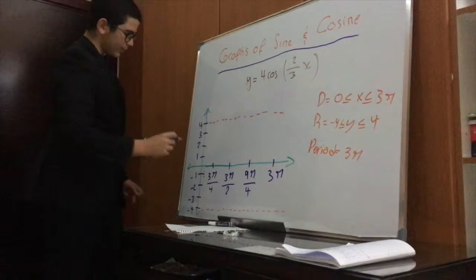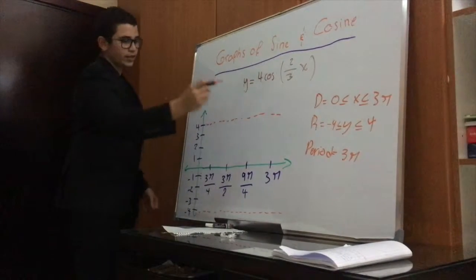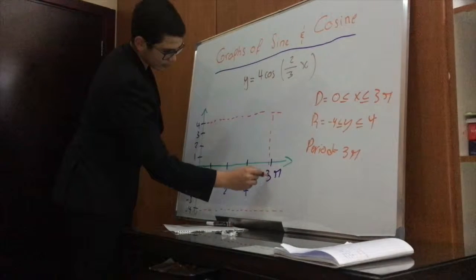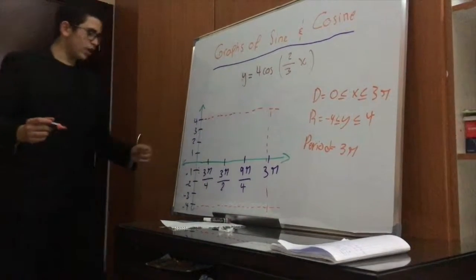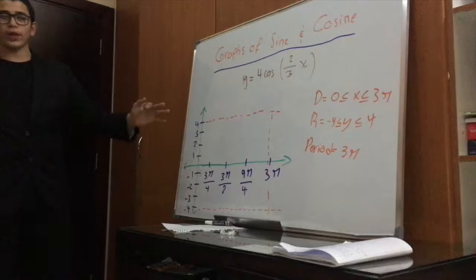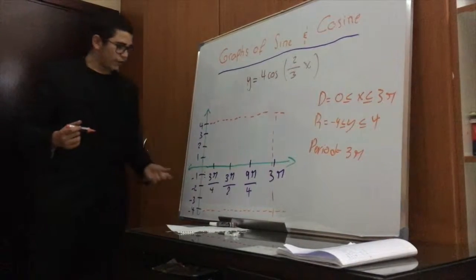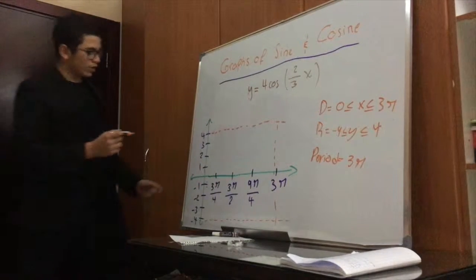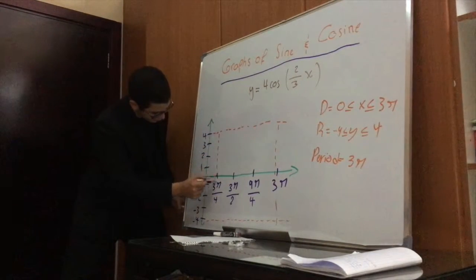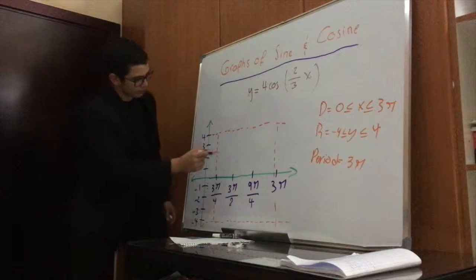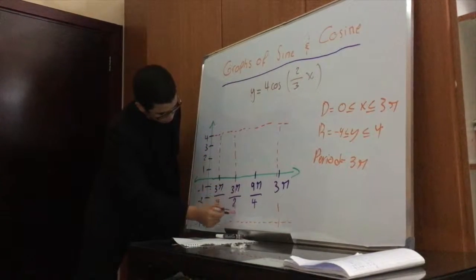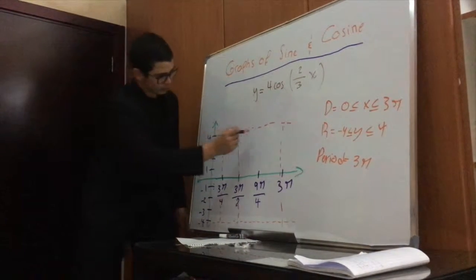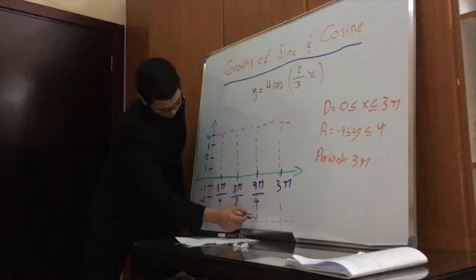Our domain is limited from 0 until 3 pi. Now we subdivide the frame with the increments that we found: 3 pi over 4, 3 pi over 2, 9 pi over 4, and 3 pi. We try to make them as even as possible so that the graph is accurate.